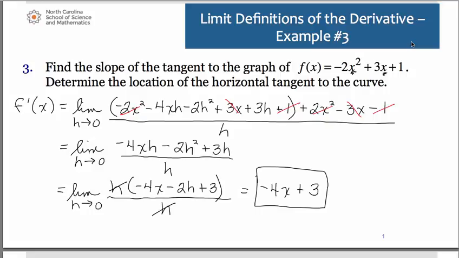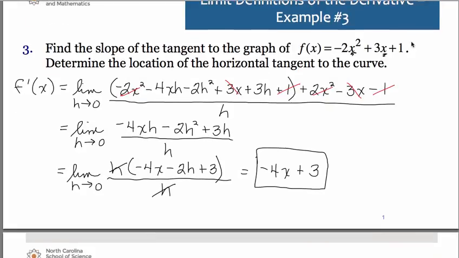Now the follow-up question for this was asking us to determine the location of a horizontal tangent to the curve. Well, think about that. A horizontal line has a slope of 0. This derivative expression here represents the slope of the tangent line to the curve. So if we want the location of a horizontal tangent, hopefully it makes sense that this derivative, this expression that's giving us the slope, has to be equal to 0 because we want it to be a horizontal tangent.